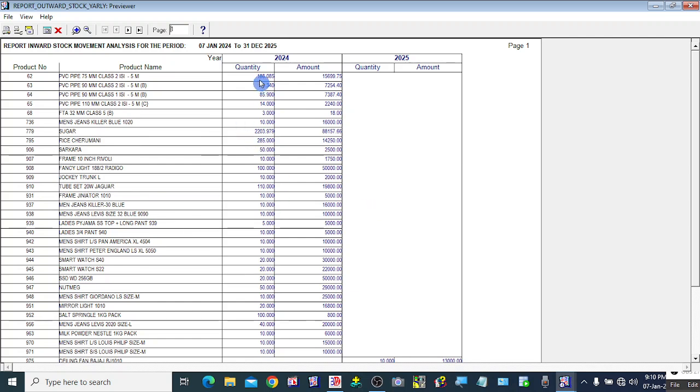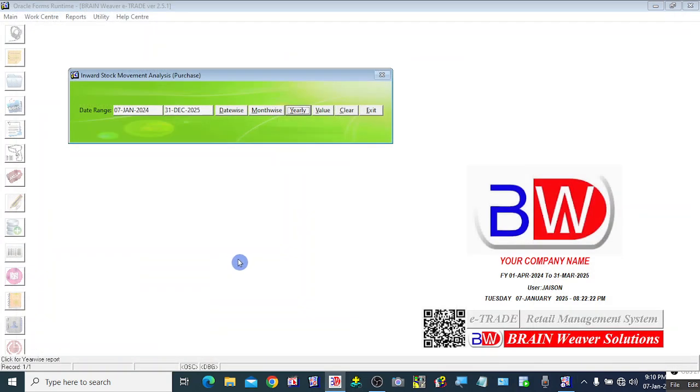In the previous year, how much quantity we have purchased of each item, that we can compare year wise. This is also very useful for the managers to very easily understand the inflow and outflow report of the inventories. This report is related with the sales and purchase.